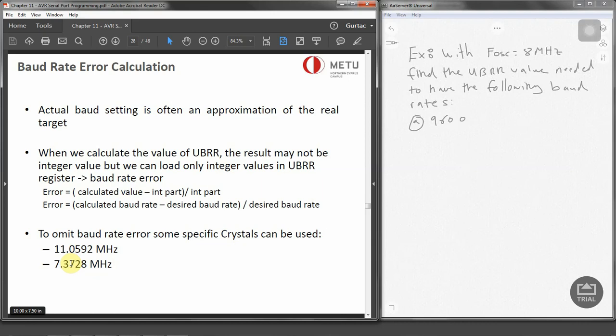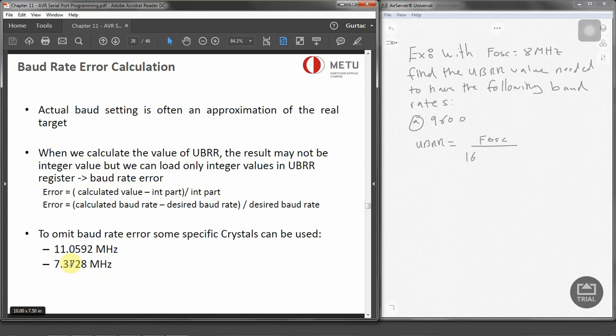To calculate the UBRR, we need the equation of FOSC divided by 16 times the baud rate, minus 1.